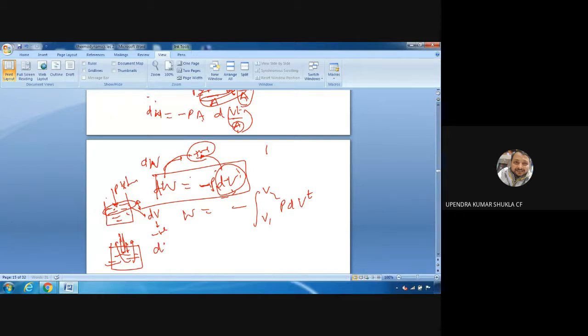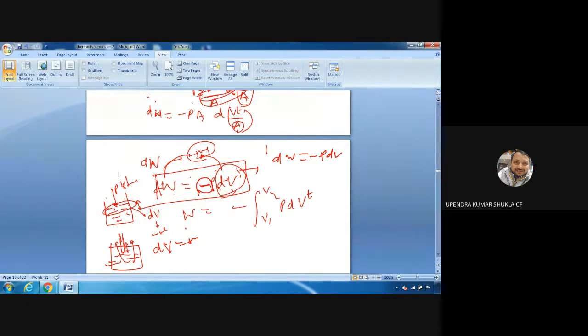So dV would be positive. But in this case, dV would be positive, and the minus sign is required to make the work negative. So again, this minus sign is required. So to understand this, this is the very general formula: dW is equal to minus P dV. So this equation expresses the work done by a finite compression or expansion process.